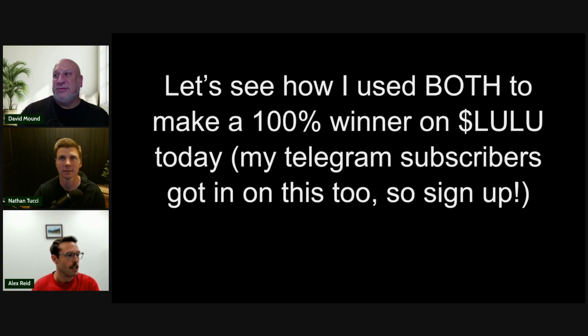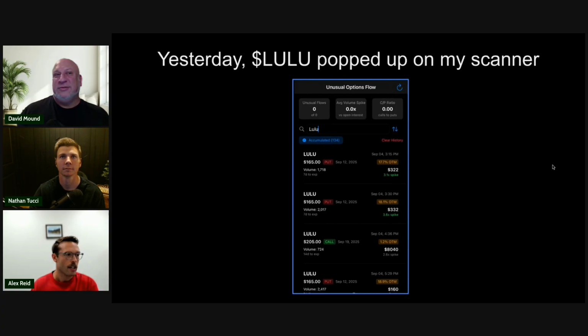And my Telegram subscribers send it to them for free. Like, I do all of these trades for free. So if you do want similar ones, sign up for that. We can drop the link in the chat. So this is what the scanner looks like. It's a little iPhone app, unusual options flow. And yesterday, after market close, Lululemon was reporting earnings.